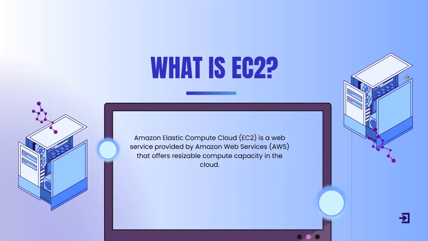Imagine you need a computer to run your application or your website, but you don't want to buy and set up a physical machine on your company's premises. Instead, you can rent a virtual computer from AWS, and you can access this virtual computer using the internet.